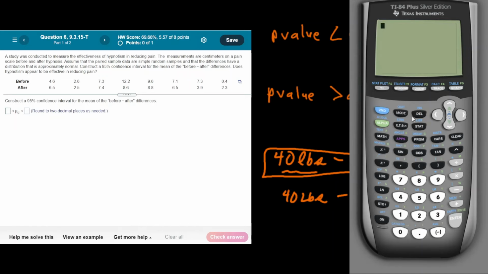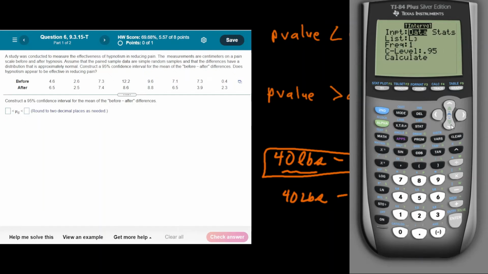So let's quit from here. Stats, tests, we go all the way down, not t-test, force of habit, sorry. We're finding a confidence interval, so this is a T-interval. And they were nice enough to tell us the confidence level, so we're going to choose 0.95 because they told that to us here.